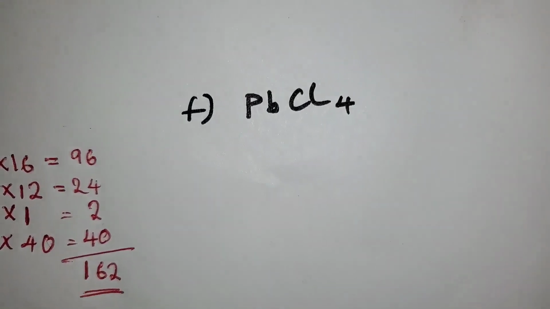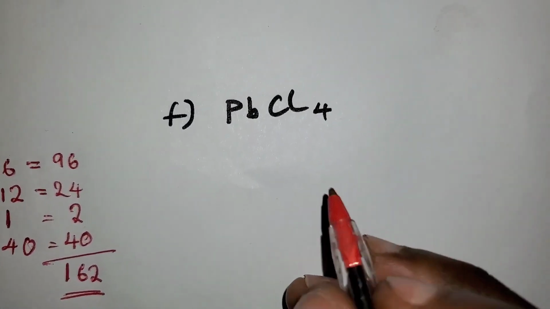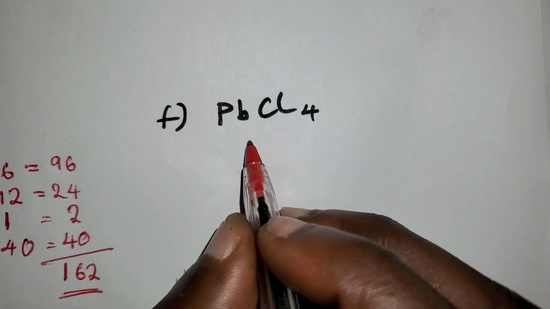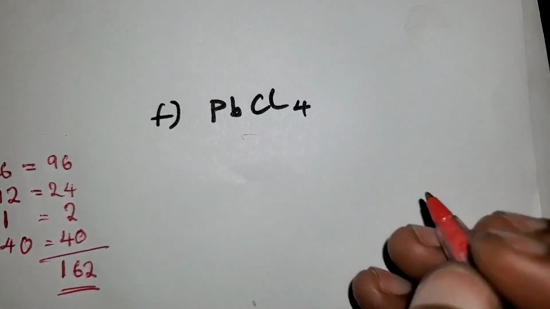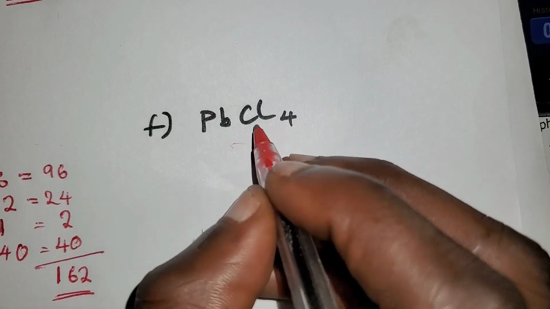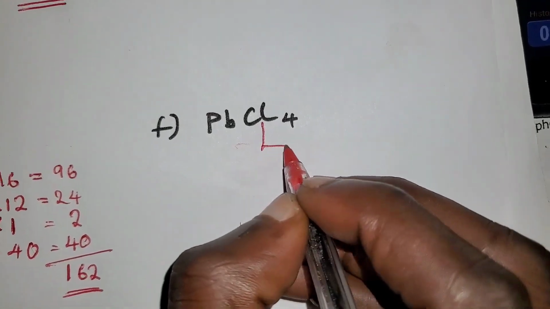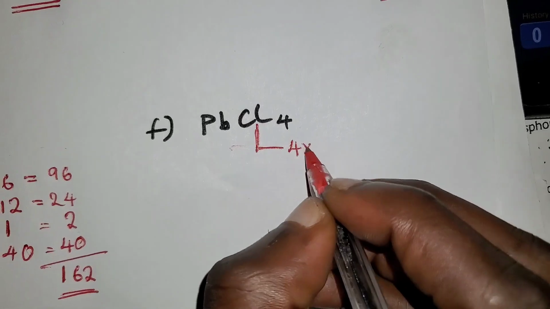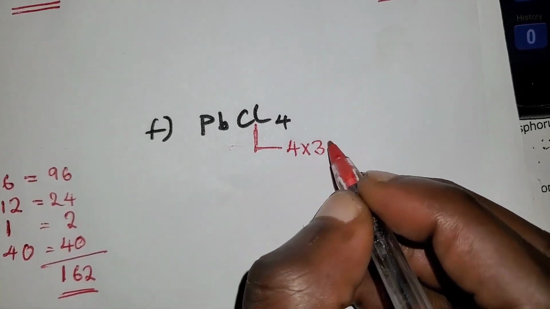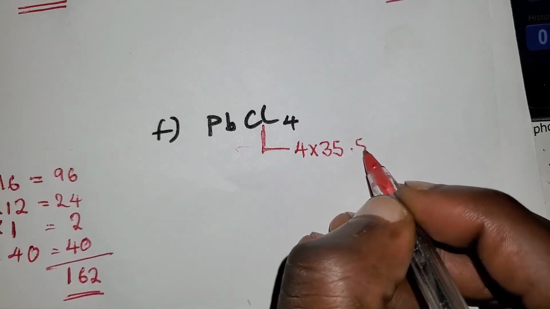Okay, the last question for today is lead chloride. For chlorine, the number of atoms of chlorine here is 4 by 35.5.